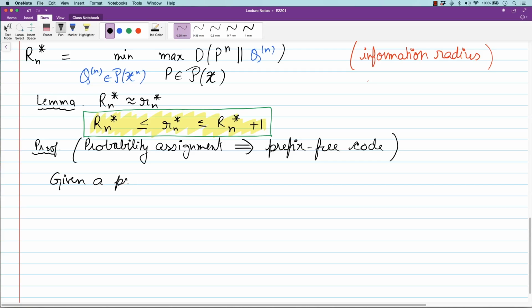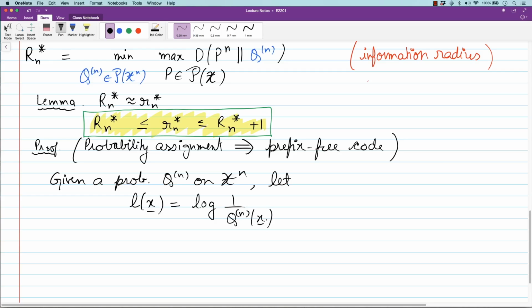Given a probability Q^n on x^n, let L(x), the length that you associate with the sequence x^n, we'll define as log of 1 by Q^n(x). Okay, we will just use this prefix-free code for Q^n(x).